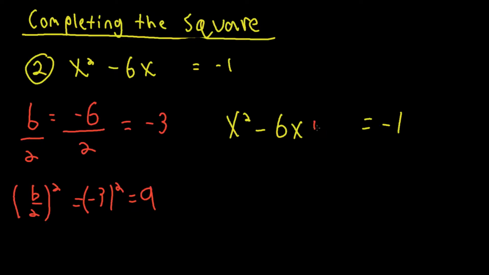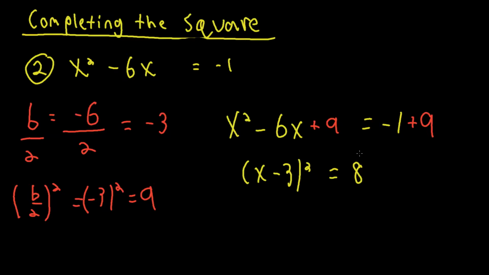So plus 9, plus 9. Alright, what does that get us? Well, x squared minus 6x plus 9 is the same thing as x minus 3 squared. We have that is equal to, well, -1 plus 9 is 8.